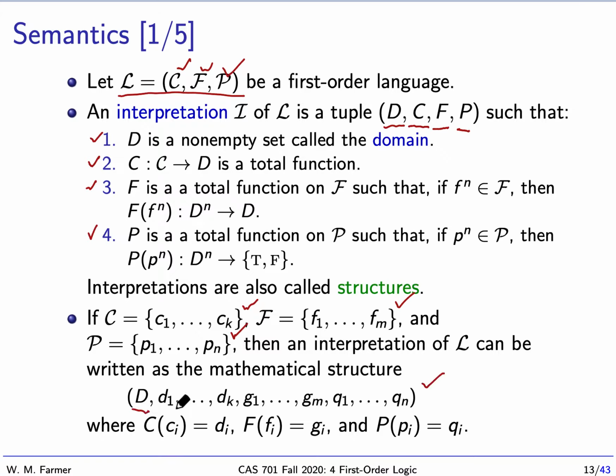We have one domain, a set of distinguished values, a set of distinguished functions, and a set of distinguished predicates. And these values, functions, and predicates are given by these three functions, C, F, and P. Okay, so that's what an interpretation is. An interpretation is a mathematical structure with a domain, and it's a mapping from the symbols of a language to values in that mathematical structure.